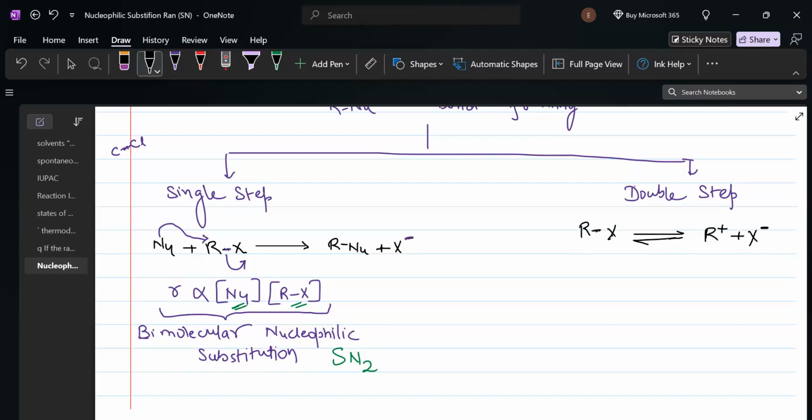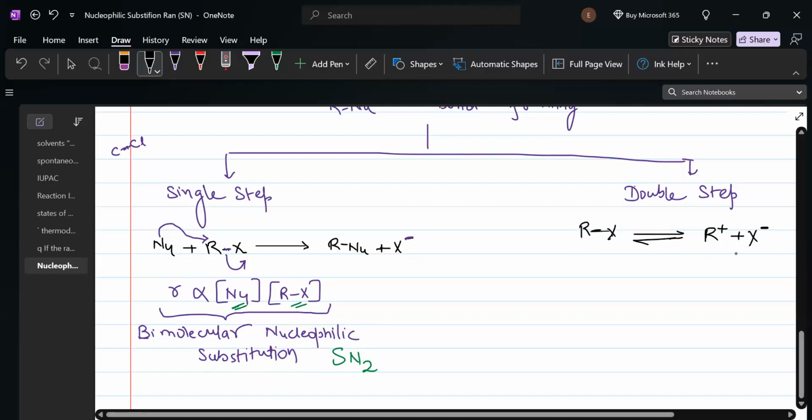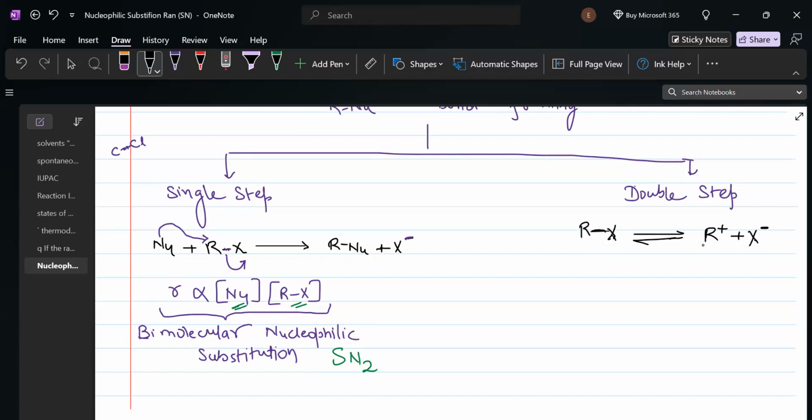This bond has been broken, and the shared pair of electrons has been taken by the leaving group. Thus, the leaving group has got an extra negative charge, and since the electrons have been taken from this carbon atom, a carbocation is formed.